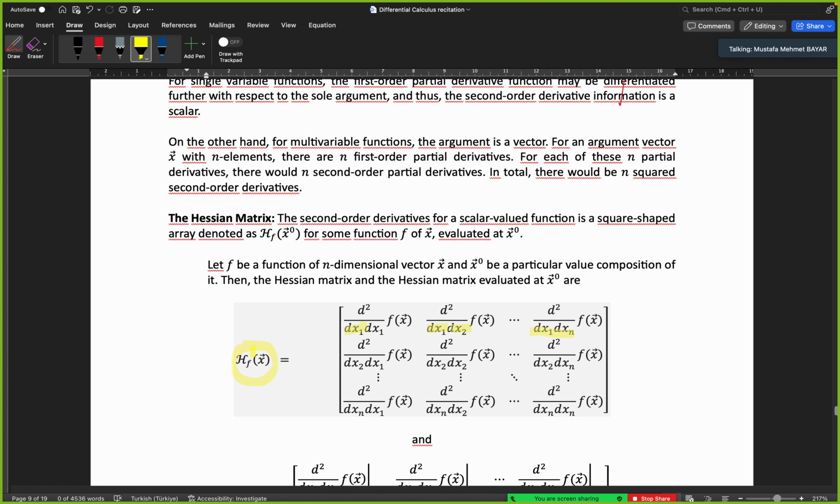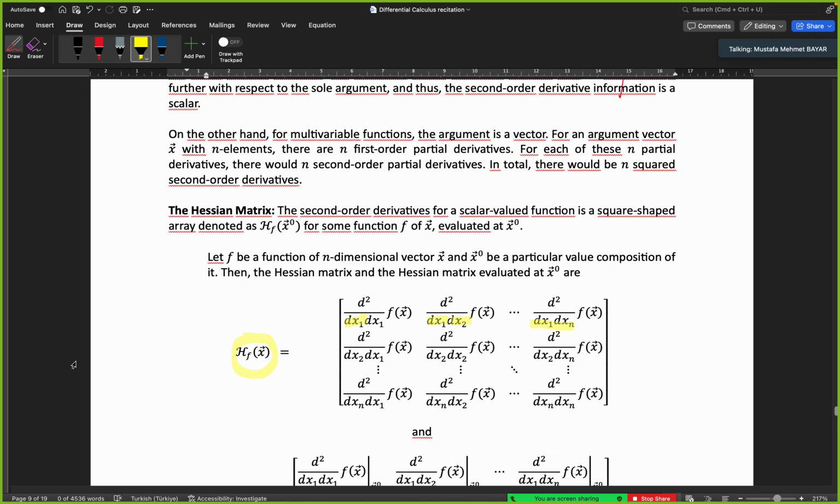And since this matrix shaped second order partial derivative information is not a scalar, it's not straightforward to tell whether you are in a convex region or a concave region. You cannot easily say that the second order partial derivatives are strictly negative or positive or zero.